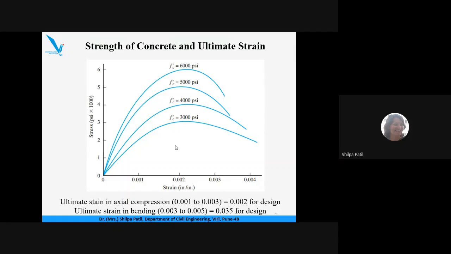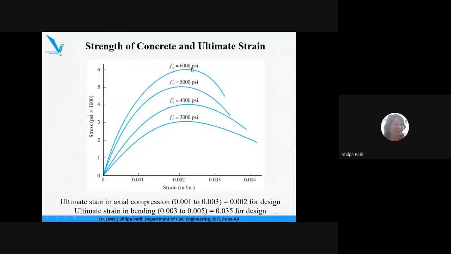For a lower grade of concrete, the stress strain curve is flatter, and as we go on increasing the grade, the curve becomes sharper. So there is an effect of the strength of concrete on the stress strain curve.